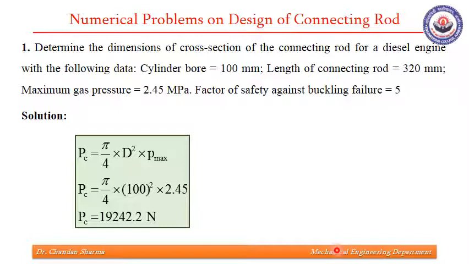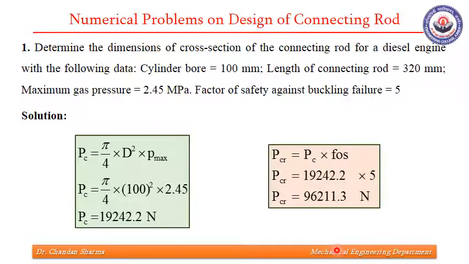Now we all know that we design a connecting rod treating it as a column and we use the formula for the same, and that is the Rankine formula. Using the Rankine formula, we find the crippling load. So we'll multiply the force that is coming onto the rod by the factor of safety that is given in the question as 5.